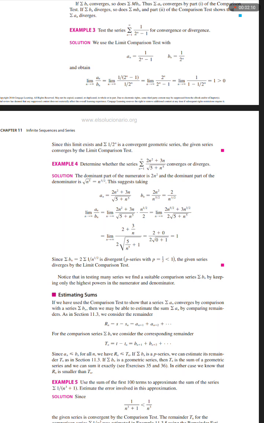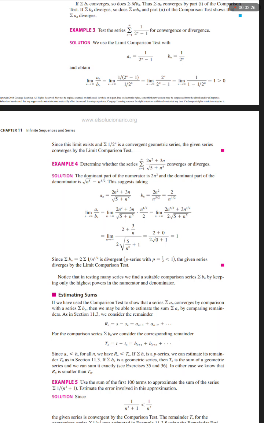Solution. The dominant part of the numerator is 2n squared and the dominant part of the denominator is the square root of n to the power 5 equals n to the power 5 over 2.